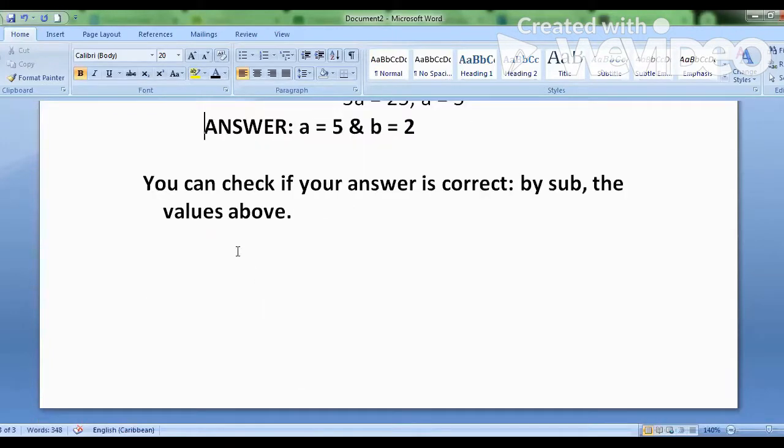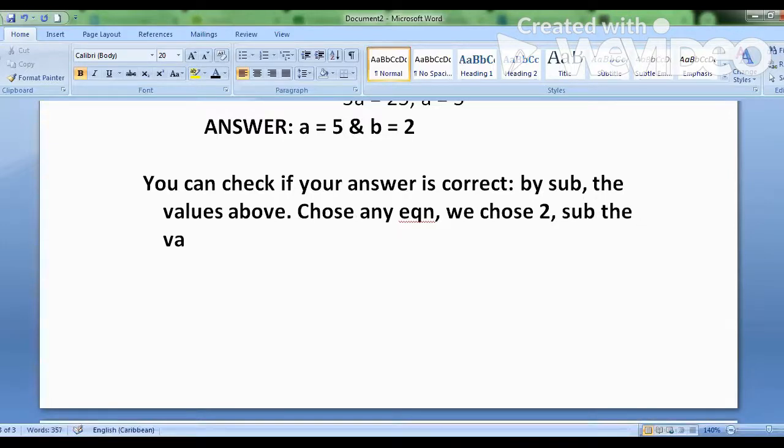How do we do this? We choose any equation. Let's choose 2, and substitute the values we get.